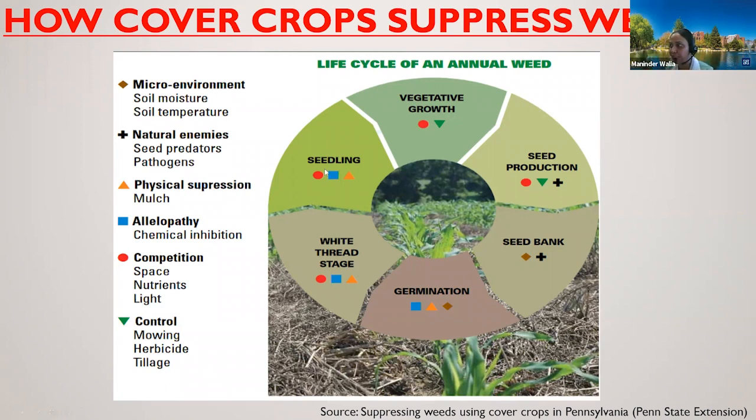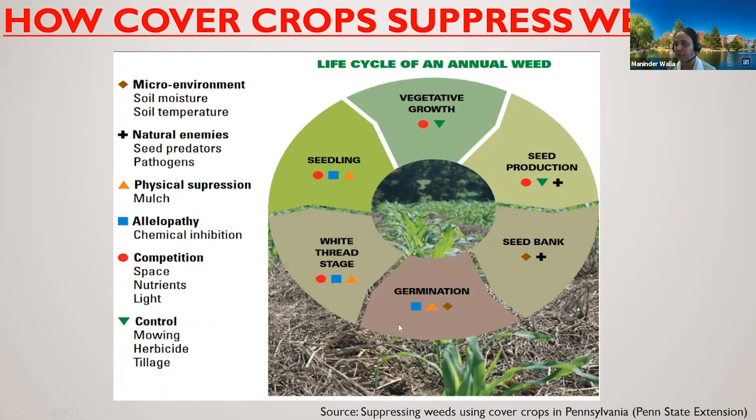Then we have the seedling stage, vegetative growth, and then again the seed production, which puts the seed back into the seed bank. So it's mostly the annual weeds cycle, and here is a list of the tactics of how cover crops suppress the weeds.